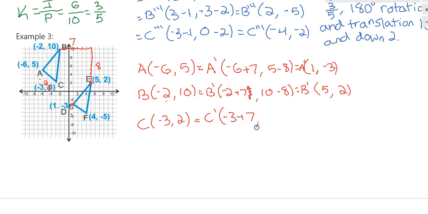Negative 3 plus 7. 2 minus 8. Negative 3 plus 7 is 4. And 2 minus 8 is negative 6. Oh no, right? 4 and negative 6. That's in the wrong spot. It's supposed to be a 4 and negative 5.